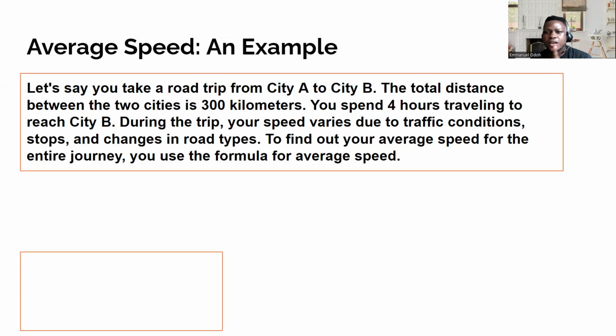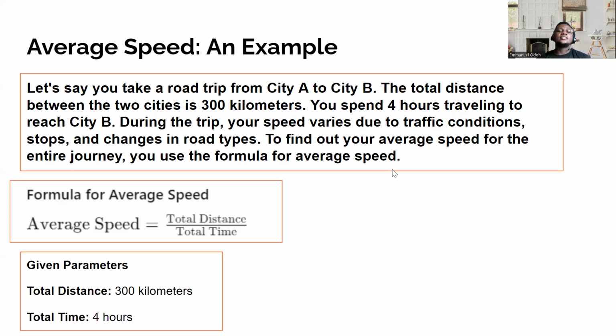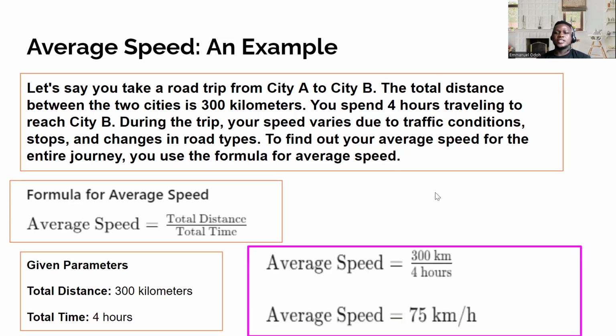So to find out your average speed for the entire trip, you use the formula for average speed, which is total distance over total time. Let's see our given parameters. The total distance is 300 kilometers and the total time is 4 hours. So our average speed is 300 kilometers divided by 4 hours, which is 75 kilometers per hour.